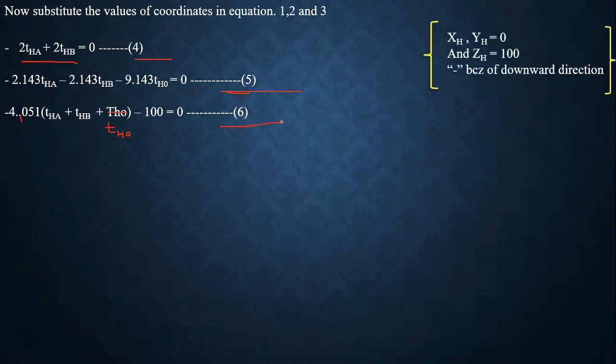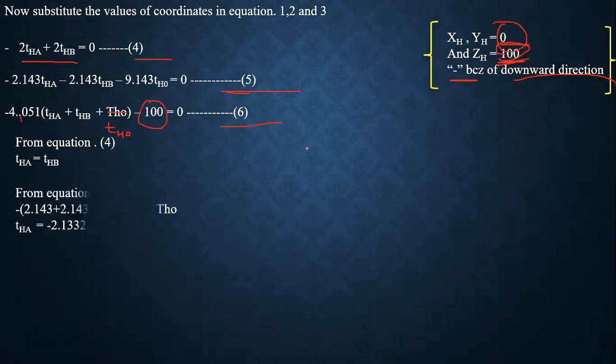And there is the 100 load. The x-axis and y-axis components are equal to 0 because there is no load in that direction. The 100 kilonewton load acts only in one direction, and it is minus because of the downward direction. From equation number 4, THA is equal to THB, and from equation number 5 we can calculate that THA will be equal to minus 2.1332 into THO.